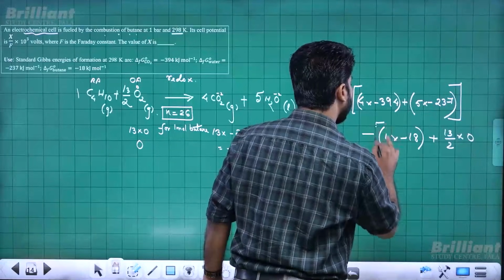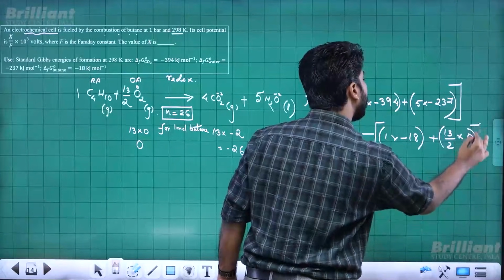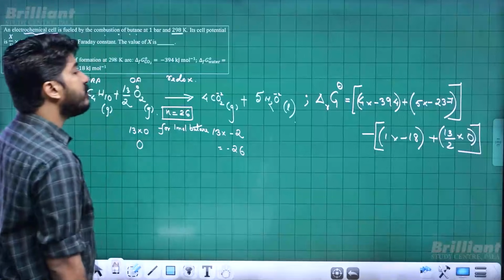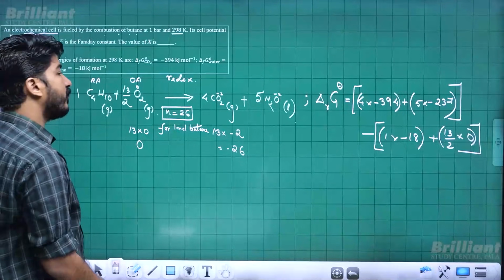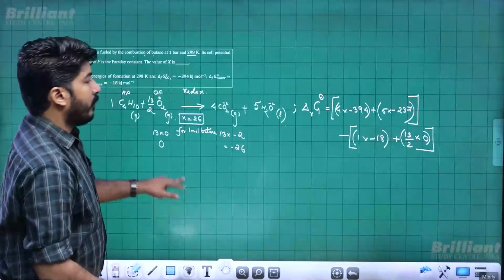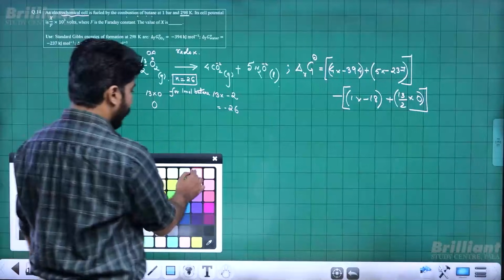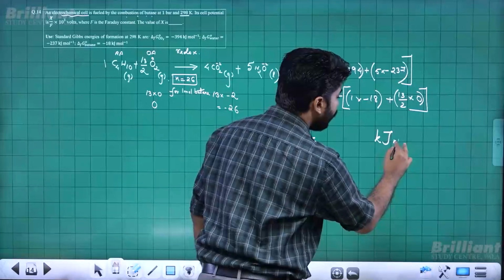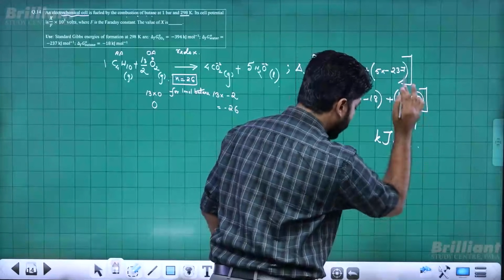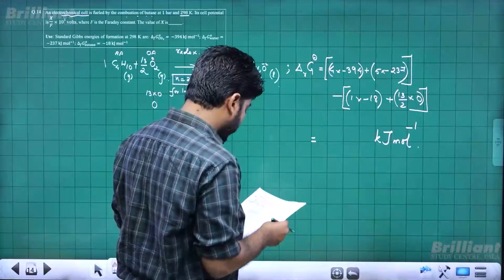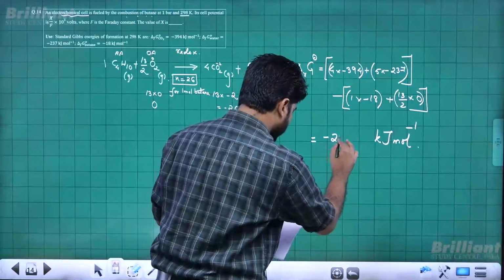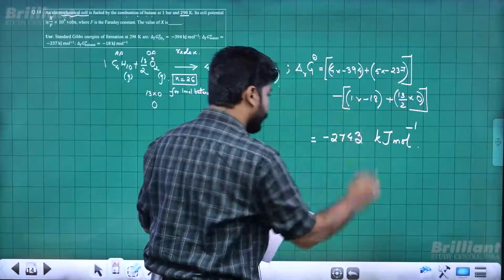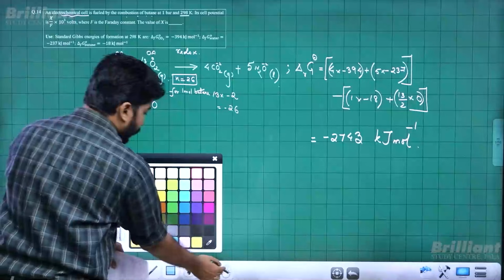O2 is the reference state of the element, which is assigned a formation Gibbs energy of 0. On solving this expression, we get the standard Gibbs energy for the reaction in kilojoules per mole, and that is -2743 kilojoules per mole.